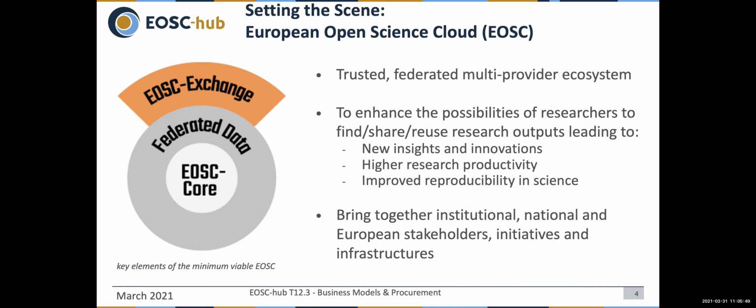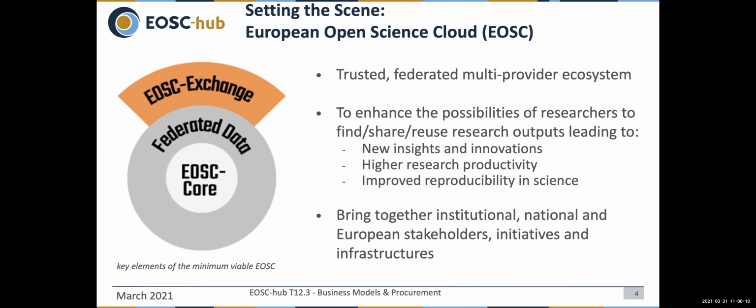So there is an EOSC core, that is the set of enabling services that allow this ecosystem to operate, to provide the capabilities to find other services and research data, to access them, and to reuse or share.